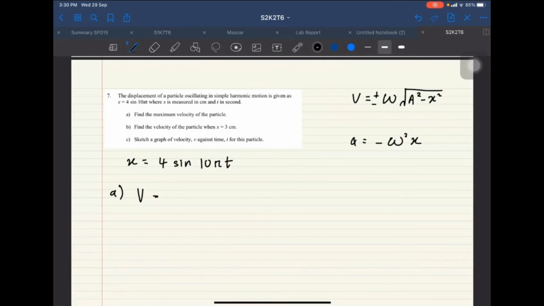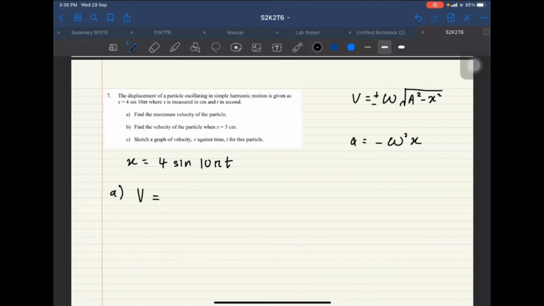Kita differentiate betul? Kalau differentiate ni jadi apa? Macam mana nak differentiate? For sin omega t tu jadi apa? Mendengar suara saya? Dengar, sir.